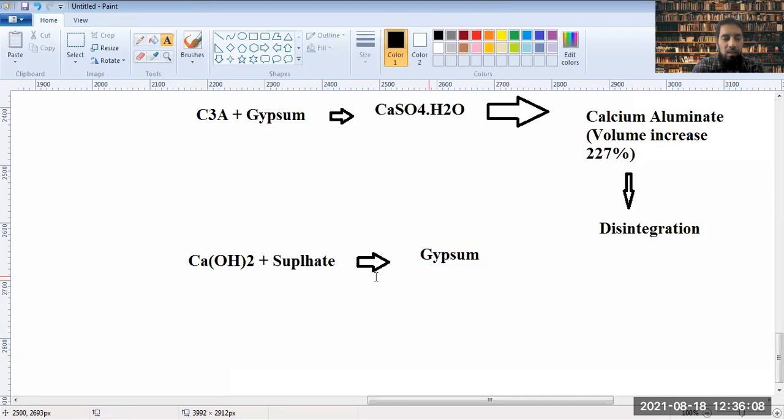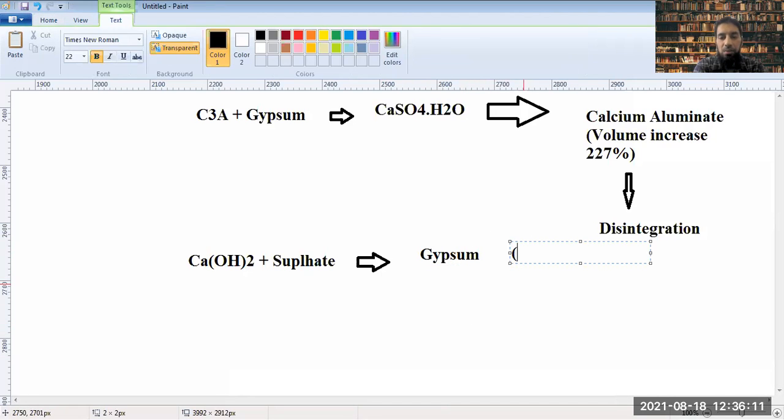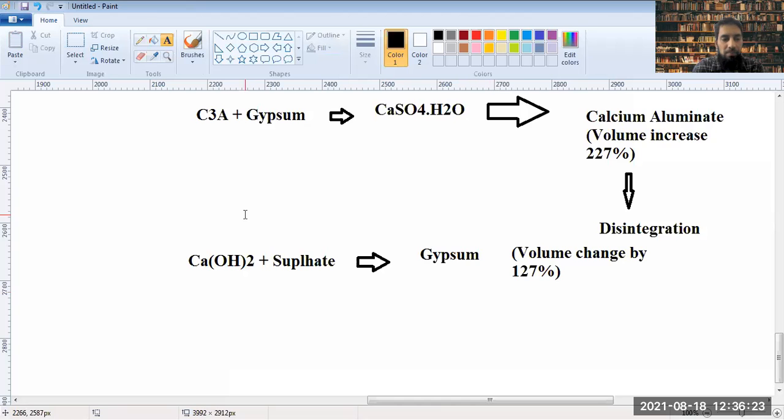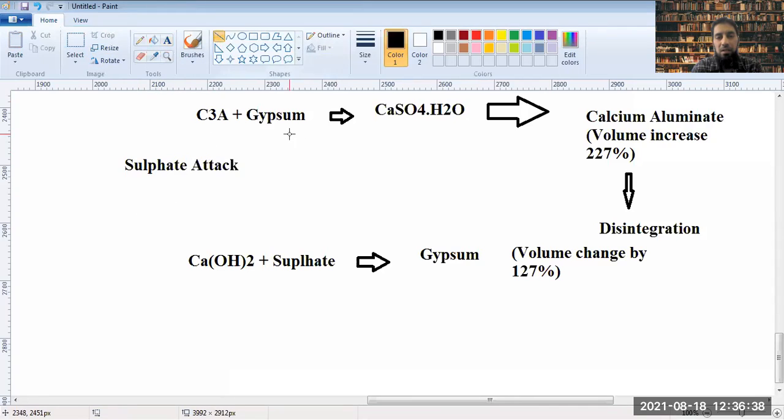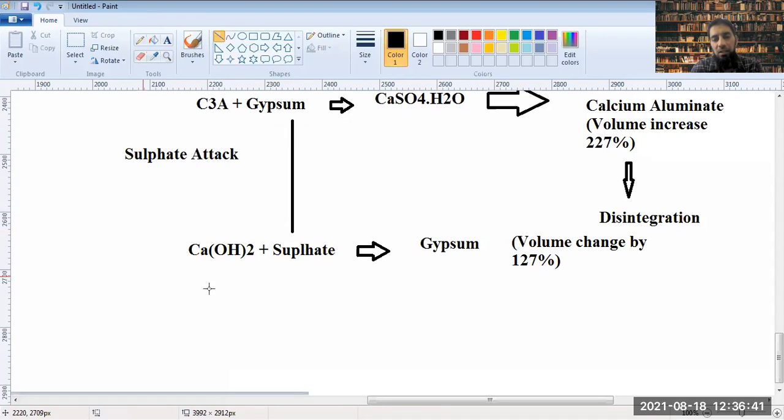One was calcium aluminates reacting with sulfates; the other is calcium hydroxide reacting. So gypsum production at this stage, when the concrete is hardened, causes a volume change of 127%. This volume change again leads to disintegration. Both these reactions are known as sulfate attack, and both lead to disintegration of the cement.